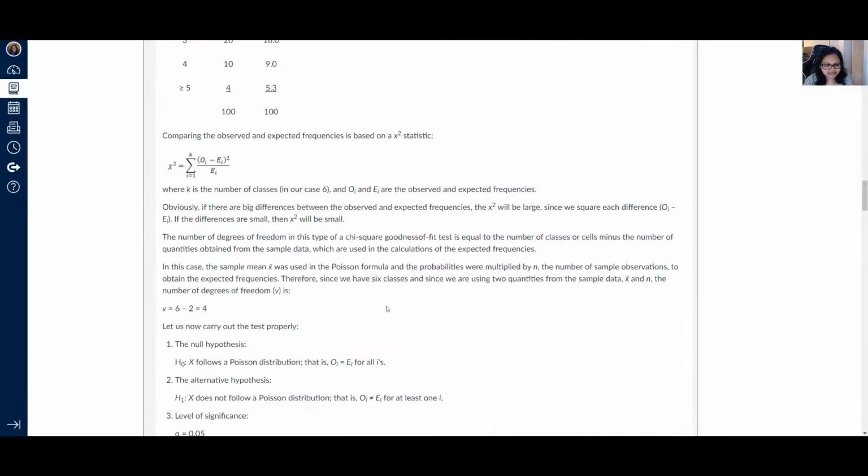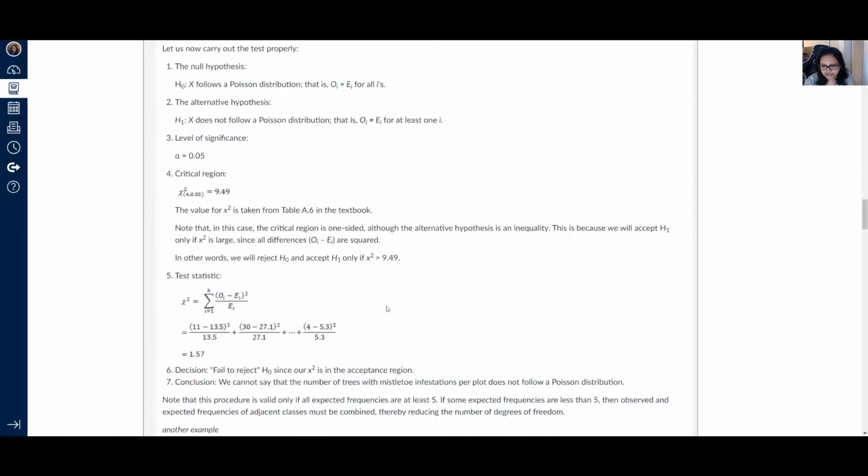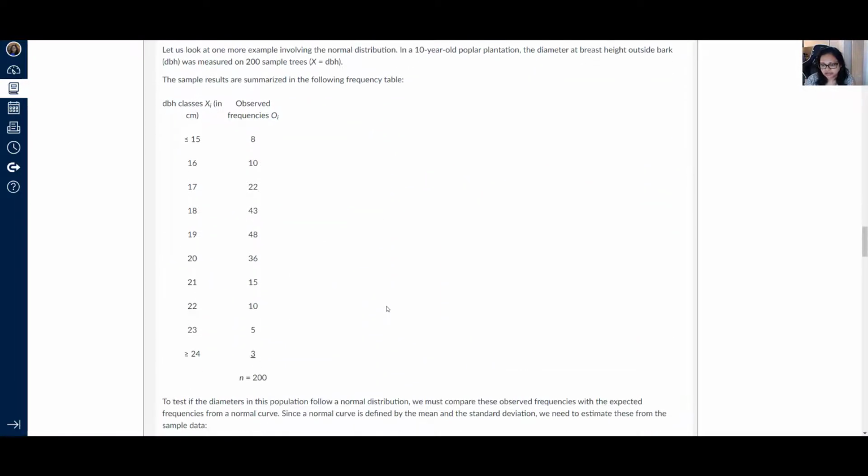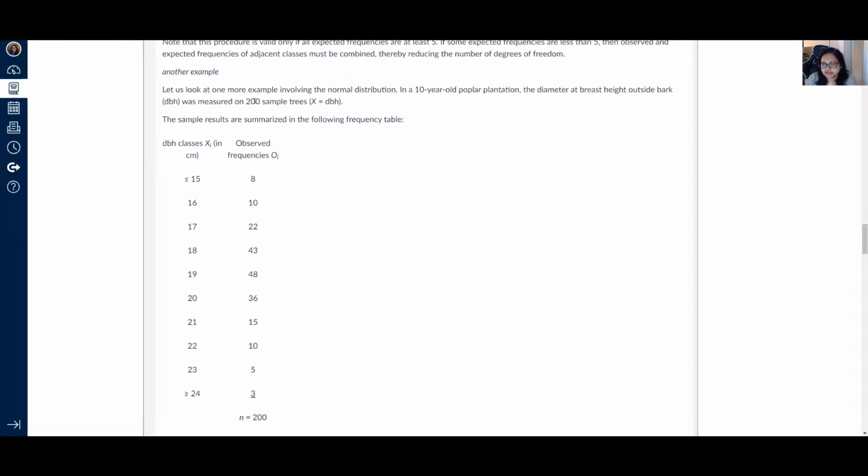So we have another example. Let me show you the other example we have. Right now we are talking about the normal distribution. In a 10-year-old poplar plantation, the diameter at breast height outside bark was measured on 200 samples. That means we have a sample size, small n.